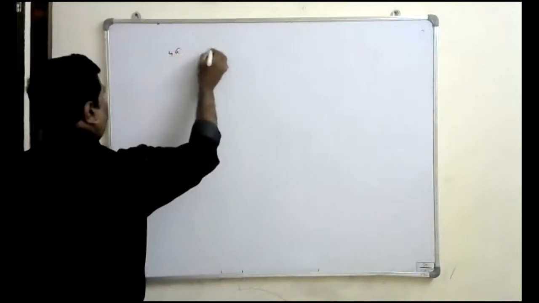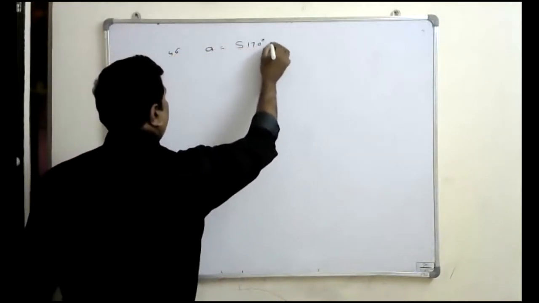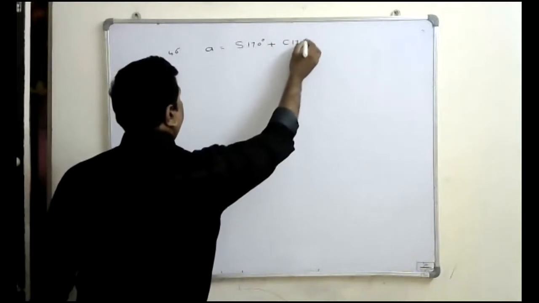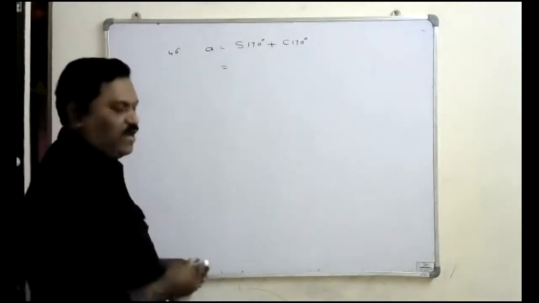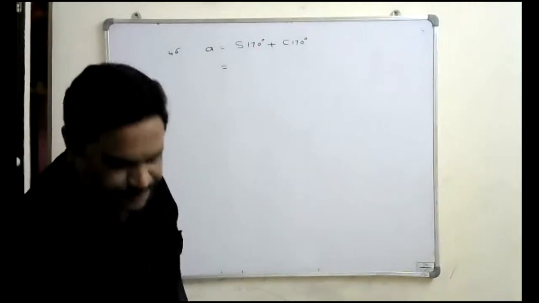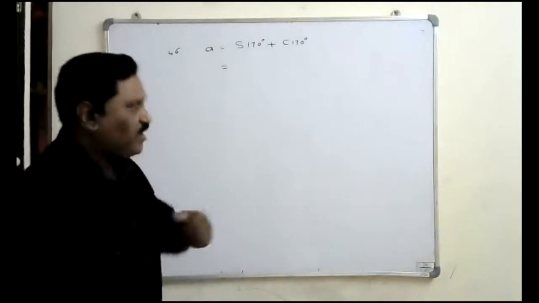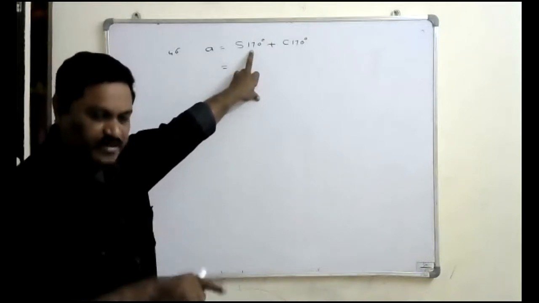46. They have given that A is equal to sine 170 degree plus cos 170 degree. Whenever somewhat bigger angles are given, convert them into the acute angle, then we will not get any confusion. So for converting into the acute angle, here 170, we can write 180 minus 10.